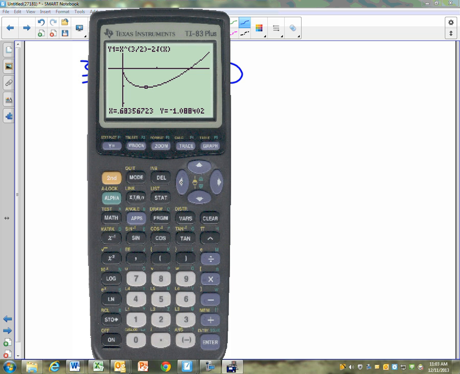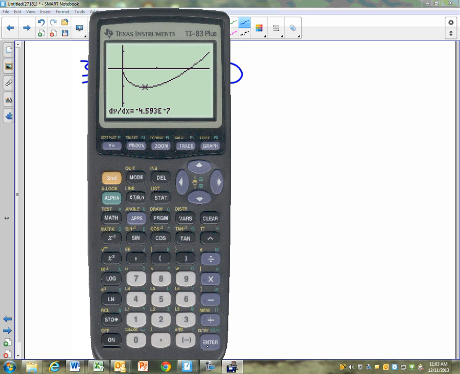And does that look like it's about 0.67? 0.68? Here's a way we could check. Watch this. Second, calculate. Number 6, dy/dx. That tells me the rate of change, right? I select 6, and I plug in 2/3. 2 divided by 3. It's going to tell me the slope at 2/3.